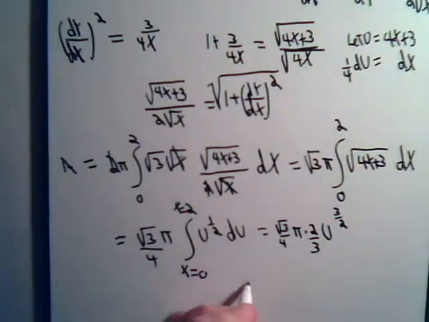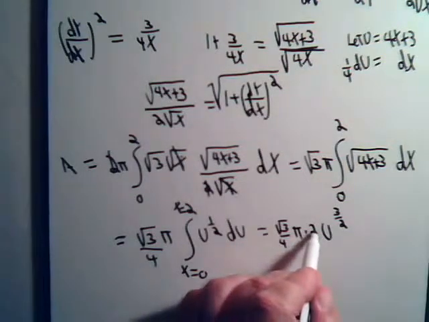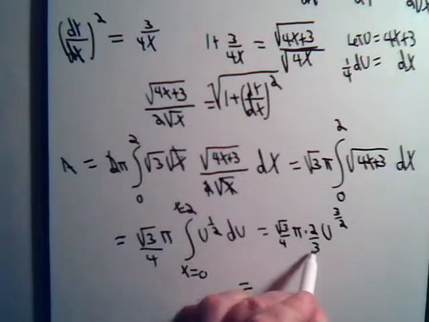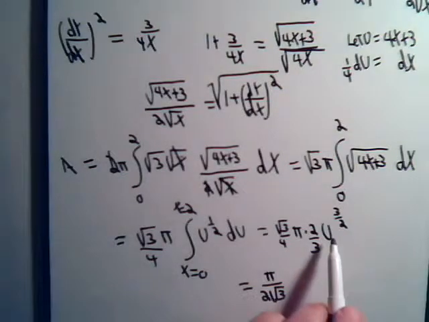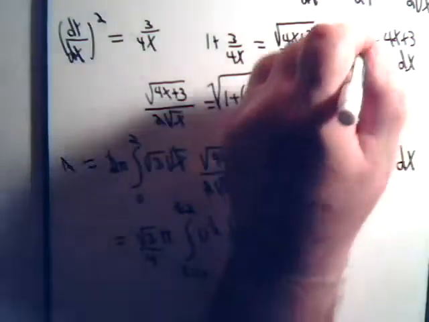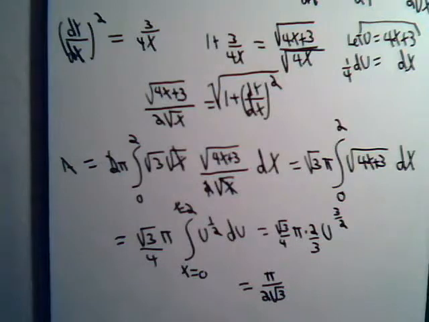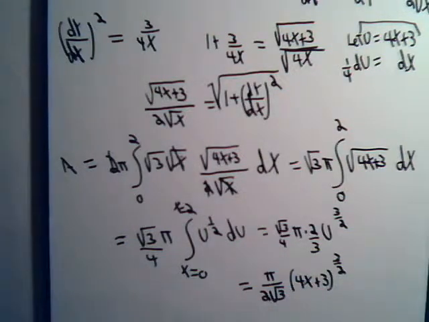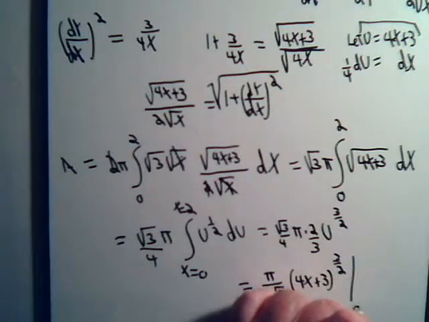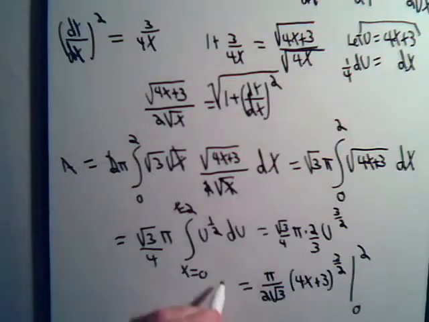Okay, and this will give us 2 down here, this will give us a square root of 3 down here, so you have pi over 2 times the square root of 3 times u. But u is this, so we have times 4x plus 3, quantity raised to the 3/2 power, and x goes from 0 to 2.